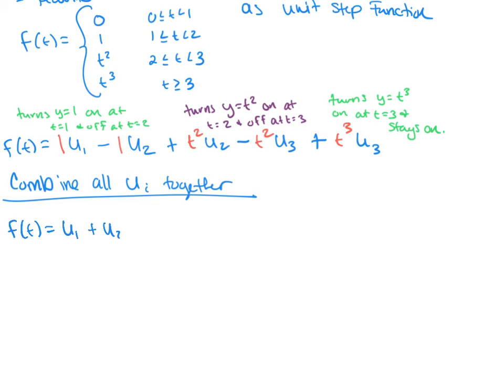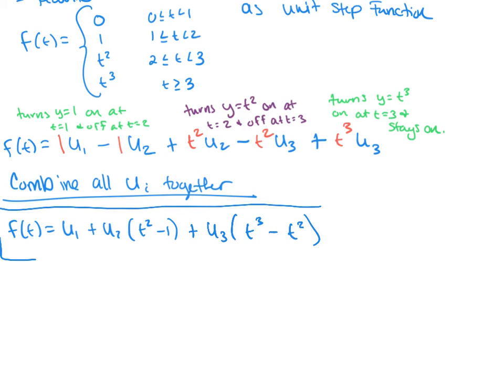But for u2, we had a t squared and a minus 1, so I'll factor out the u2 and write t squared minus 1. And at the u3s, I have a t cubed and a minus t squared. So plus u3 times t cubed minus t squared. For Laplace transform purposes, both are equivalent, but the second one that we just wrote is better.